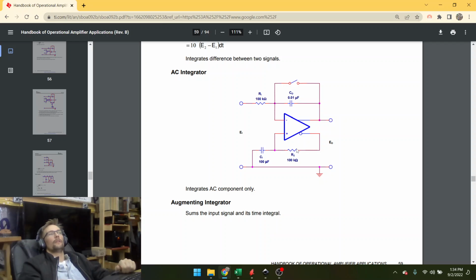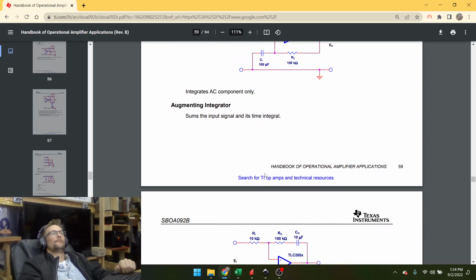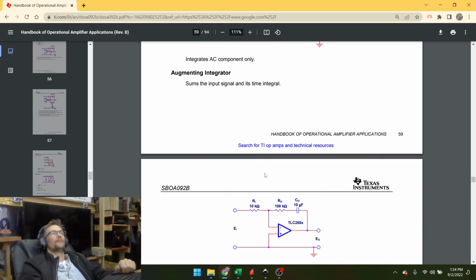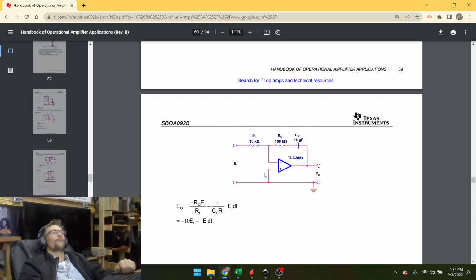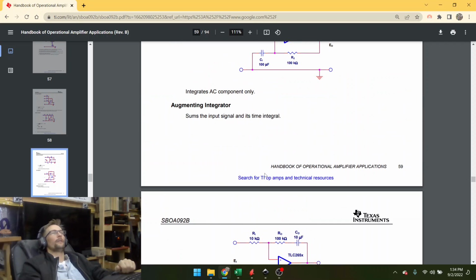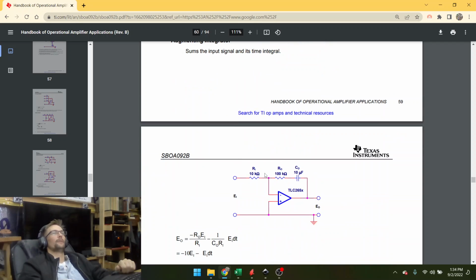AC integrator. Augmenting integrator. Man, now I really want to do an analog computing section.